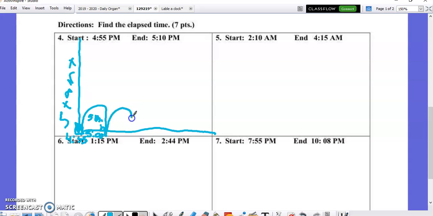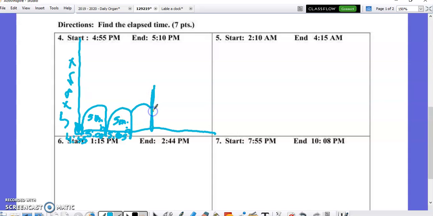We still can't use a mountain. Instead, we use another hill. In this case, I've got 5 minutes. 5 minutes more from 5 o'clock, the student is now writing 5:05. Then one more hill is going to get us to the finish line.